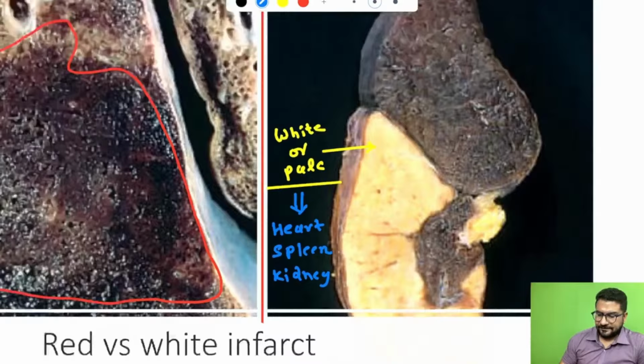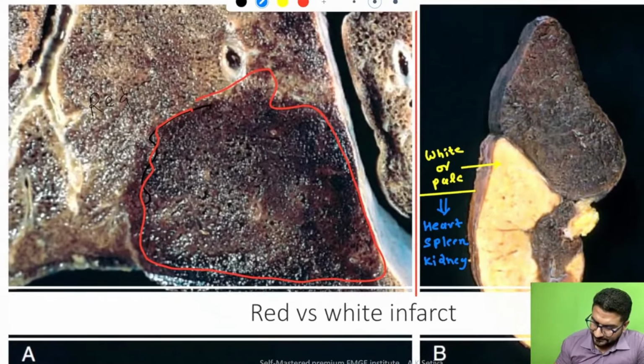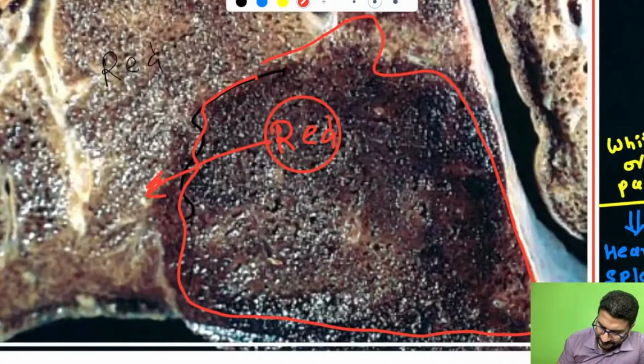Heart, spleen, kidney. And if you talk about red infarct, it is seen in those organs which have dual blood supply. So understand, red infarct is seen in LLB. LLB means it is seen in lungs.